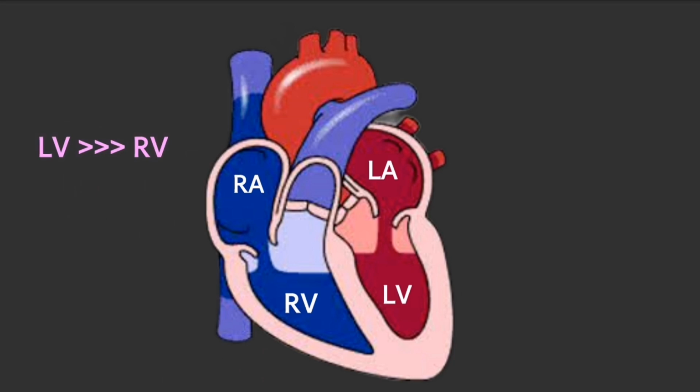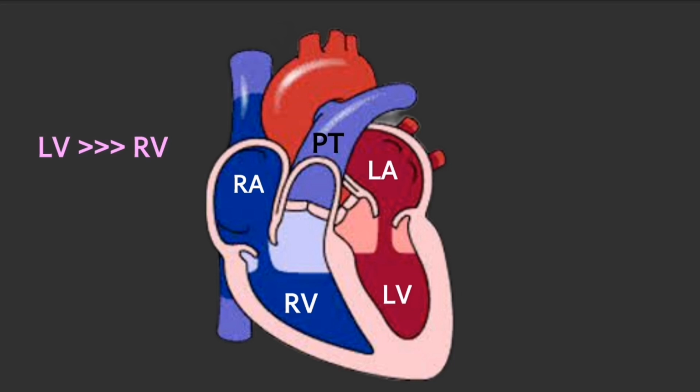Now, the blood from the right ventricle reaches the lungs through this vessel called the pulmonary trunk, which divides into the right and left pulmonary arteries to serve the right and left lungs respectively.